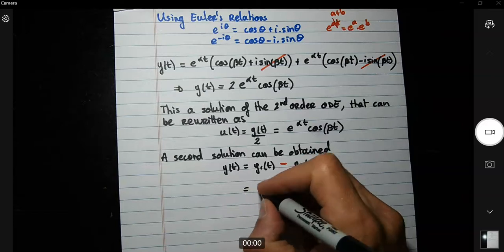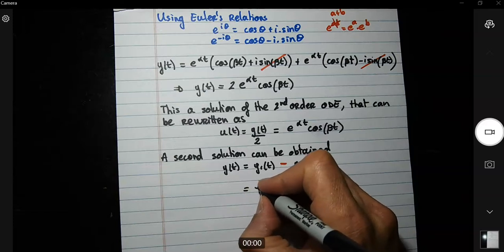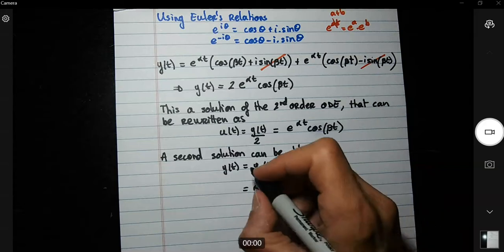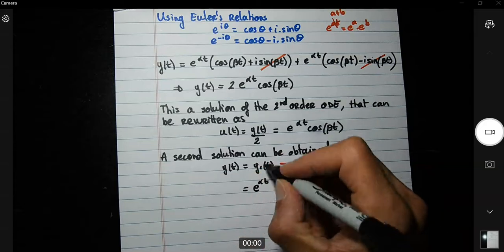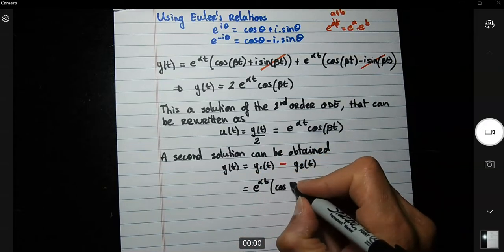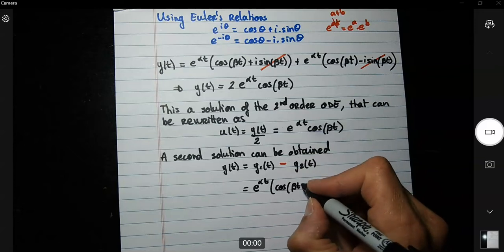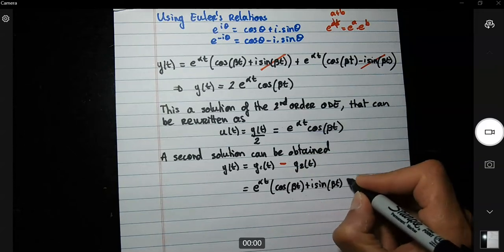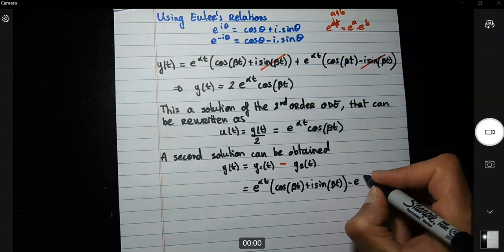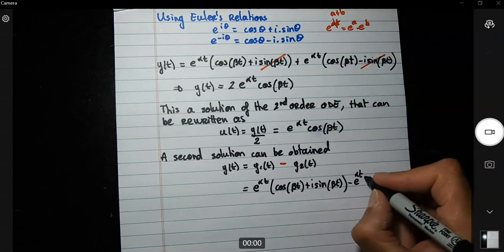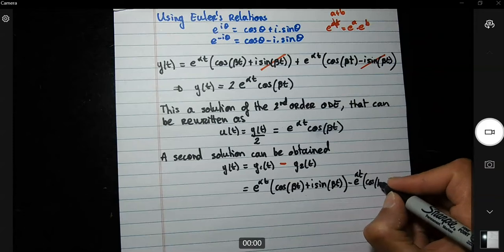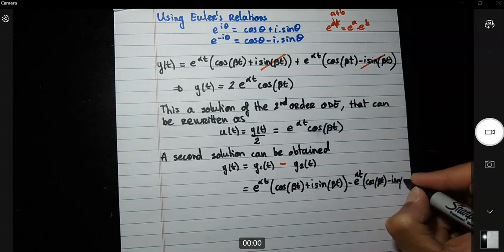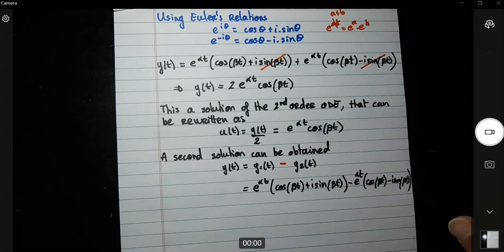You will have e to the lambda t as before, so it will be the same as before, cosine beta t plus I sine beta t, but now will be minus e to the lambda t of cosine beta t minus I sine beta t.